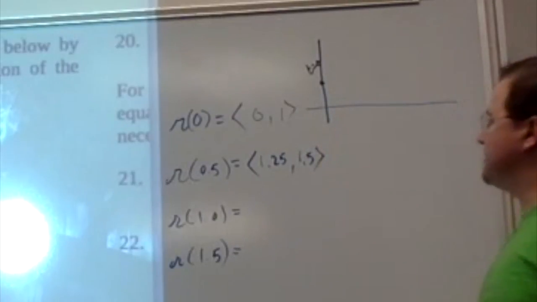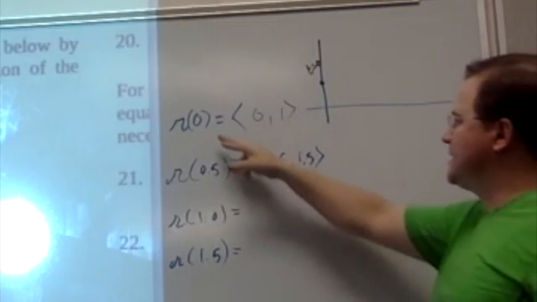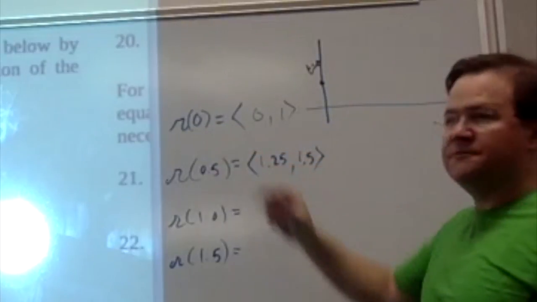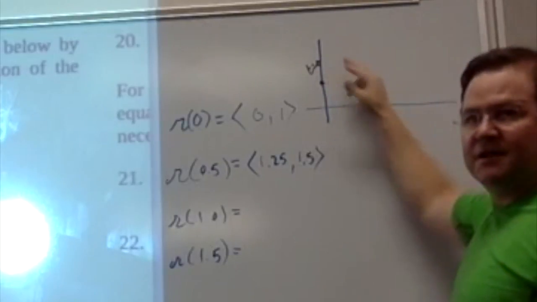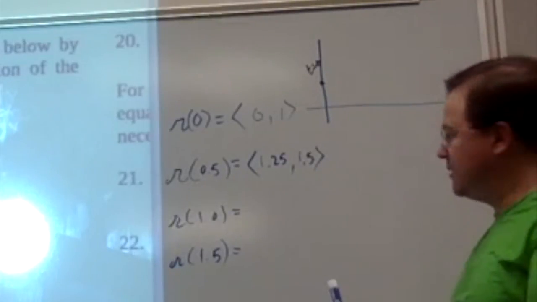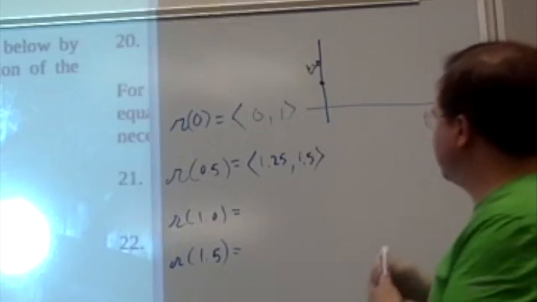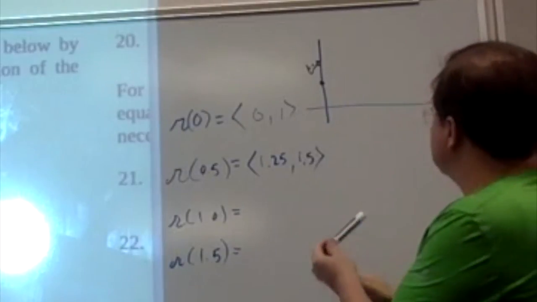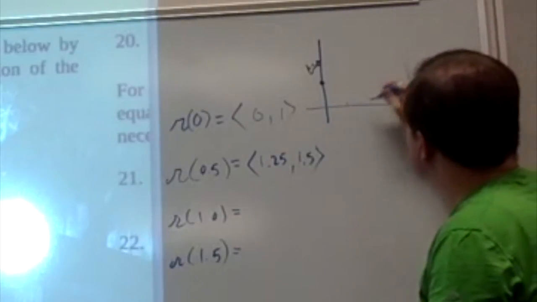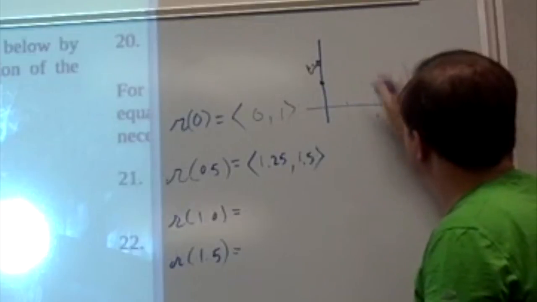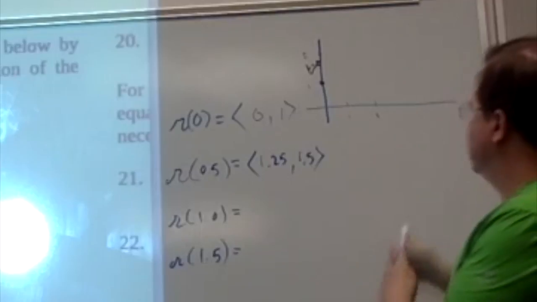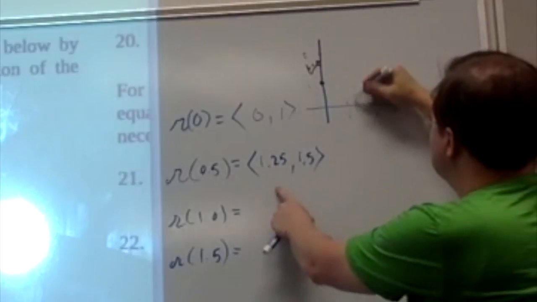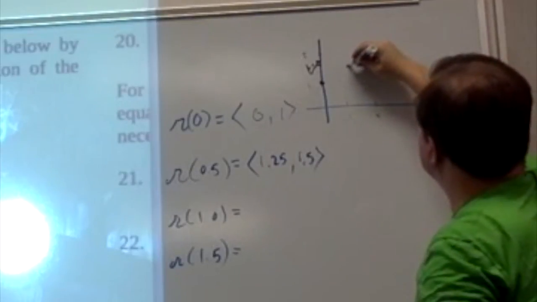As t increases from 0 up to 0.5, the curve should be connected in a smooth way. If this is 1 and that's 2, I'm at 1 1/4 and 1 1/2, maybe about right here.